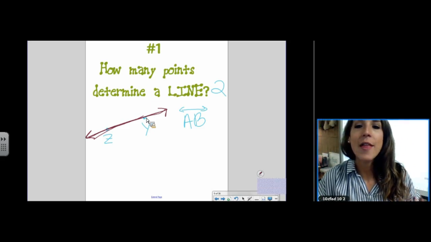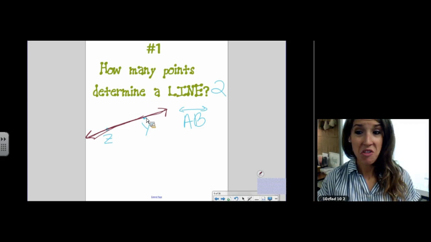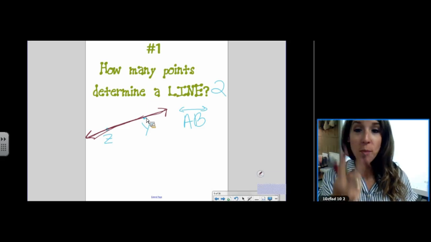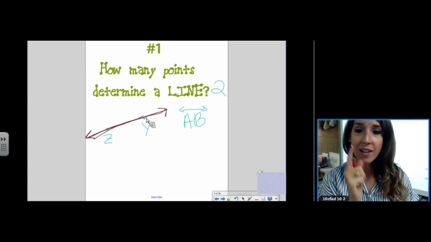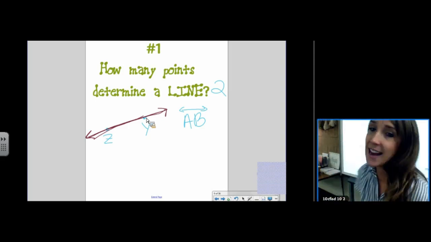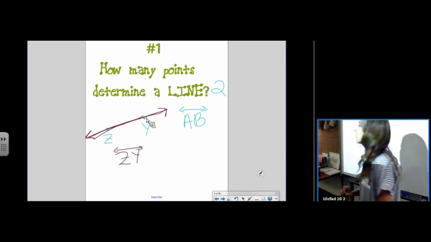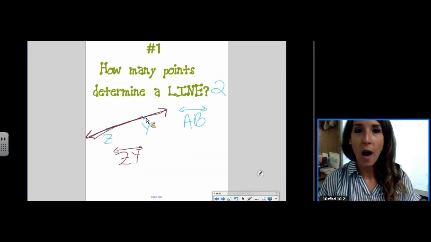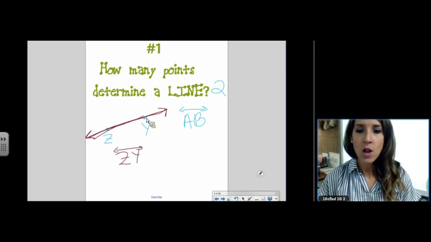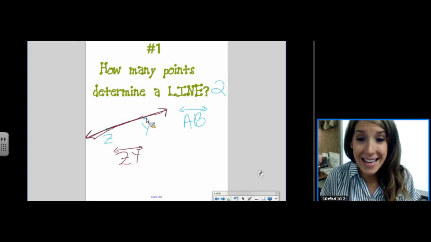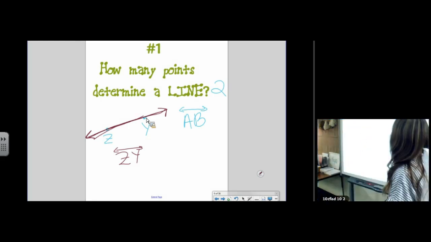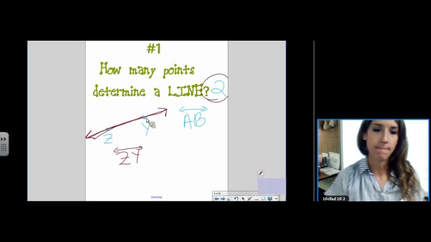Could you draw another line? No. Through 2 points, there is a unique line. There's only one. That line, it has a name. Its name is ZY. And there is no other line that could pass through both Z and Y except that one right there. So how many points does it take to make a line? It takes 2 points to make a line.